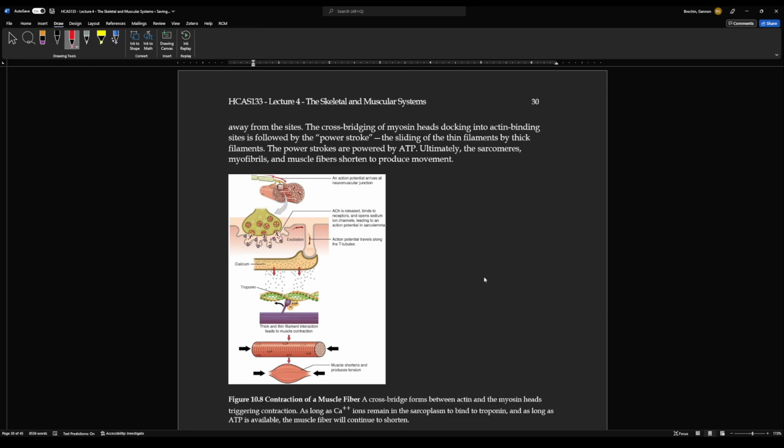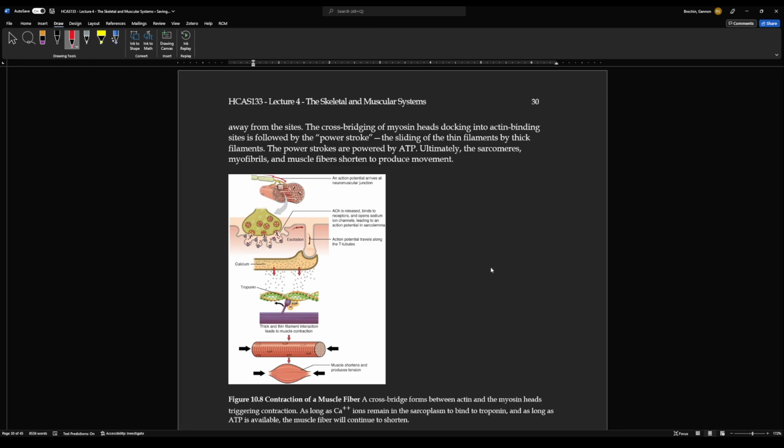Okay, so troponin and tropomyosin sit on top of actin and block the myosin binding sites. With calcium binding to troponin, it allows tropomyosin to move out of the way, and myosin will then grab onto the actin and initiate what's called the power stroke.